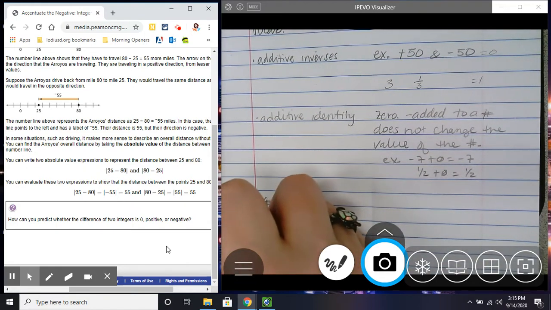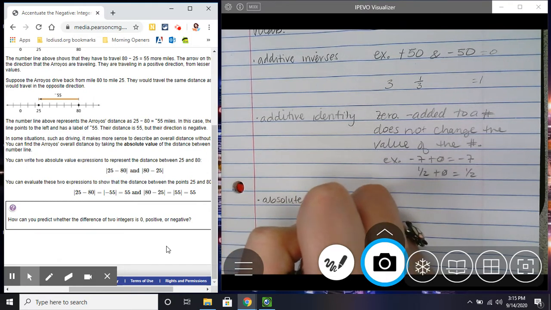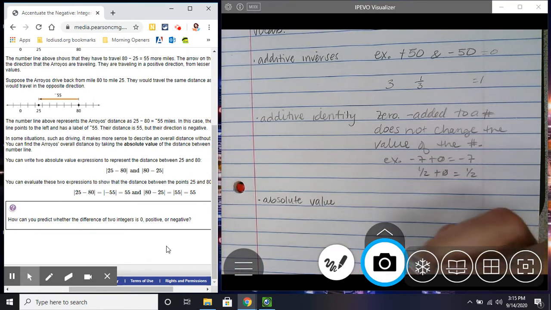absolute value. It says, In some situations, such as driving, it makes more sense to describe an overall distance without including the direction. You can find the Arroyos' overall distance by taking the absolute value of the difference between the 2 points on the number line.